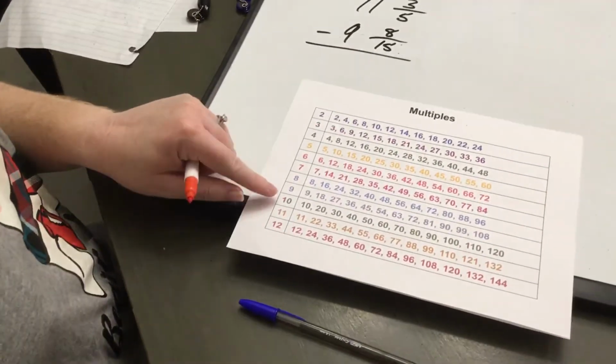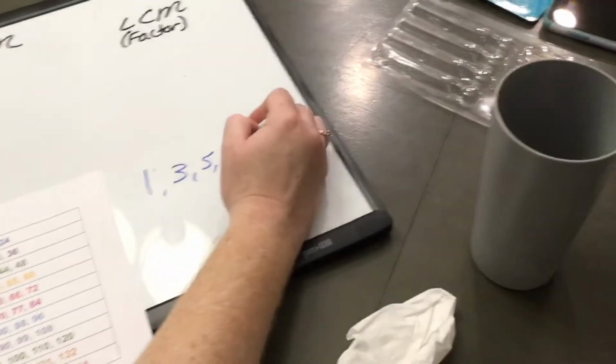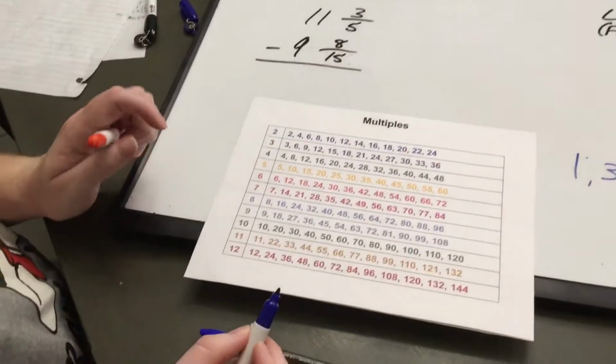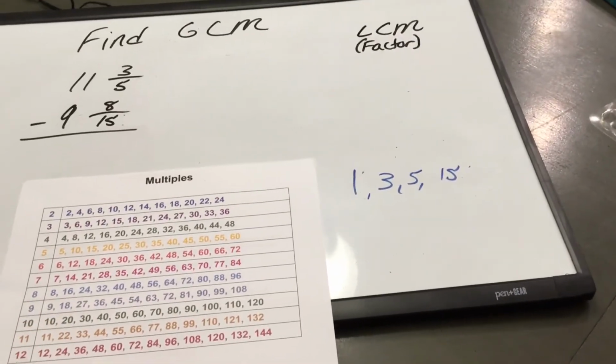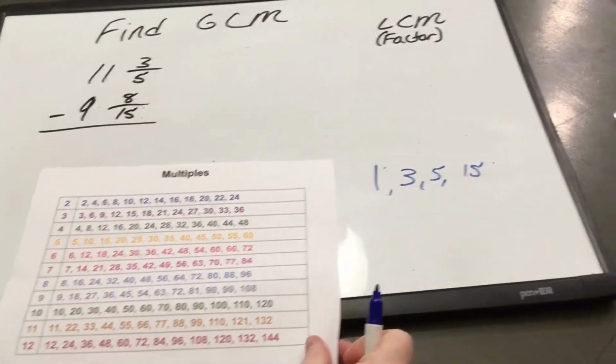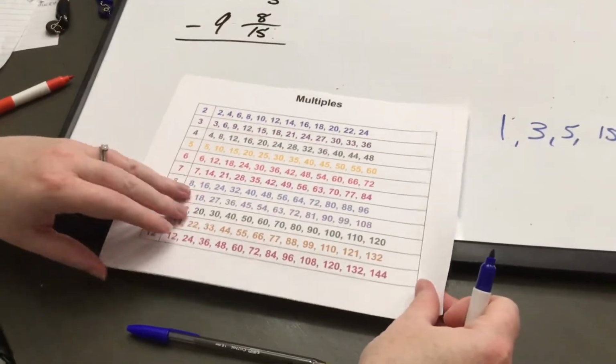None of the others have 15 except for 15. There is our factors for 15 that we can also use for this scenario.